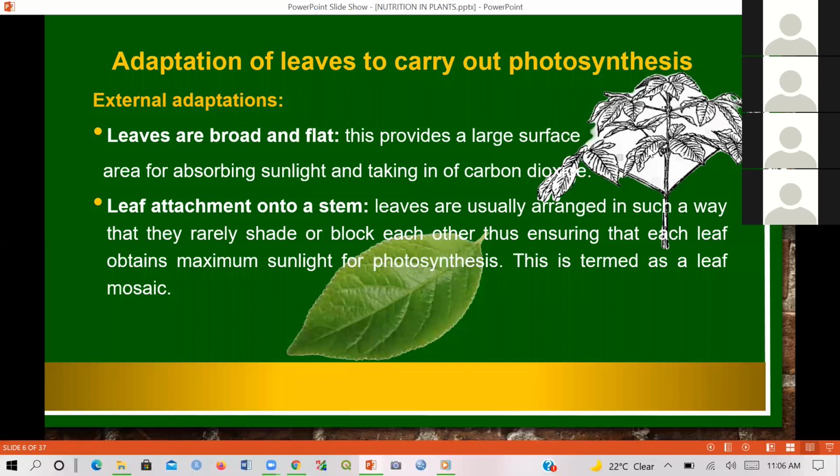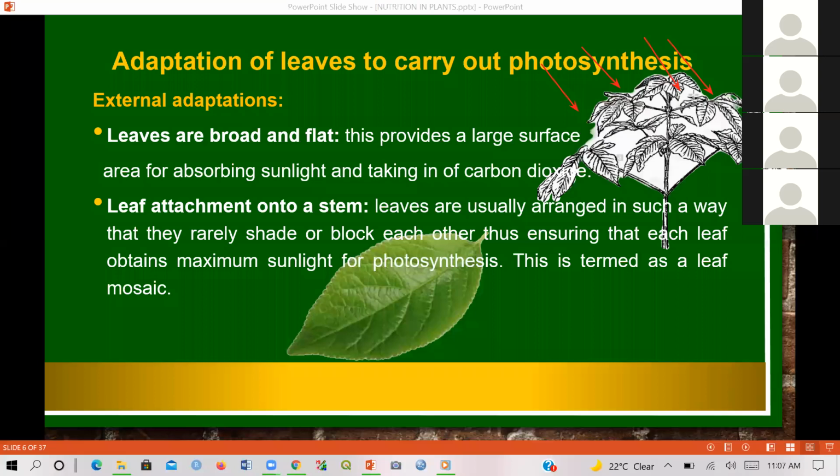When light is striking, all leaves have greater chances of getting access to light, because of the way they are arranged.